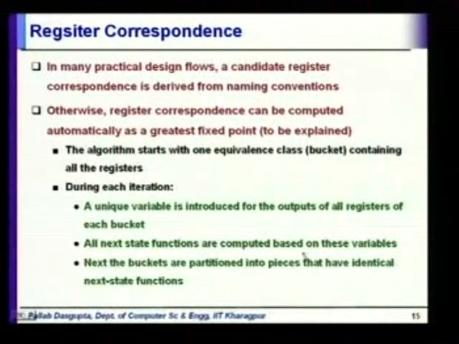The next state functions are computed based on these variables. We compute the next state functions based on these variables. If the next state functions do not match for 2 variables, then those two registers are now put in separate buckets, which means that in the next iteration their outputs will not be tied up, they will be independent outputs, right.